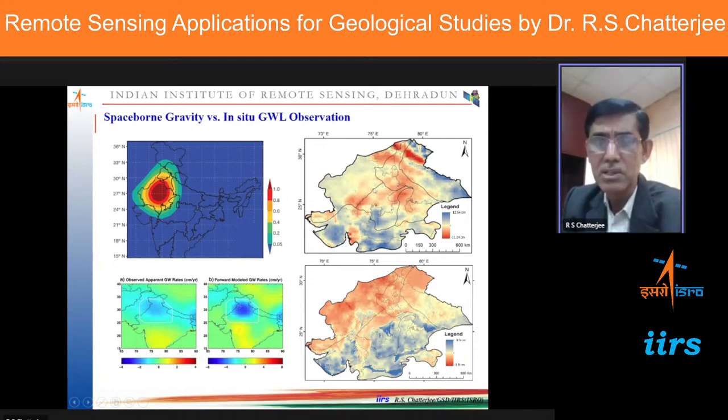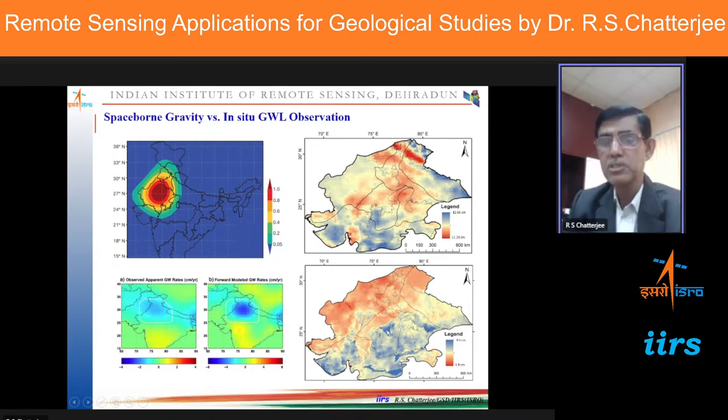We have studied this entire northwest India, and we have seen it is not focused in one area like this. In fact, this is the situation. So groundwater storage change is not at one point, but it is quite varied over this region. Yes, groundwater depletion is there in the northwestern part of India, but there is a lot of variation, isn't it?